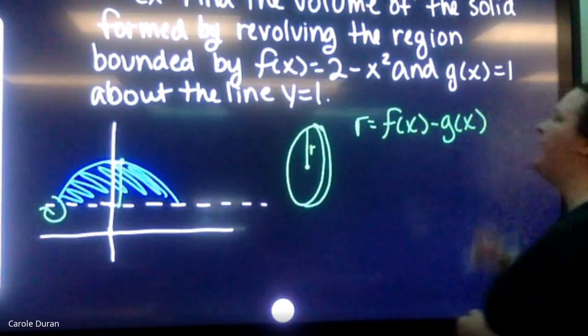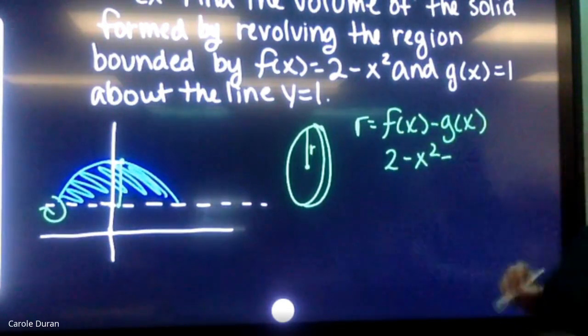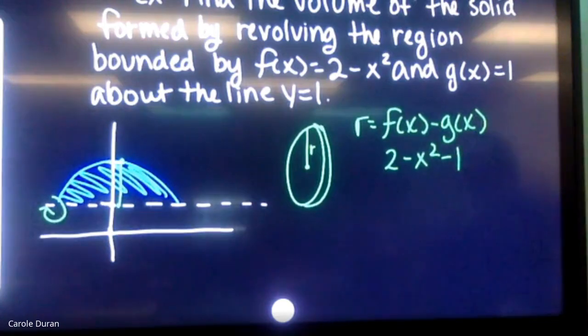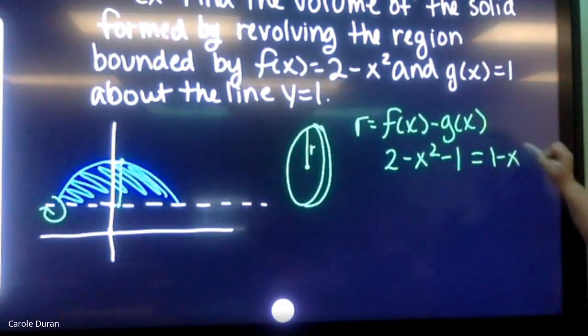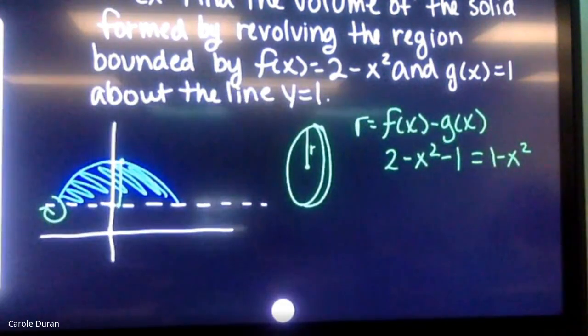So f of x, 2 minus x squared, minus g of x, which was 1, gives me the radius 1 minus x squared. Are we all okay with that? Now all we have to do is plug it into our integral and then into our calculator.